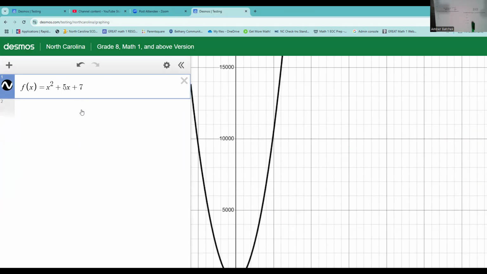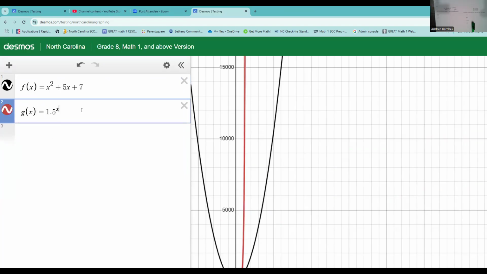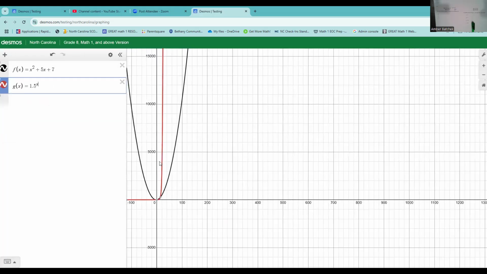Notice that's a quadratic. Okay, g of x equals 1.5 raised to the x power. That's an exponential, okay?